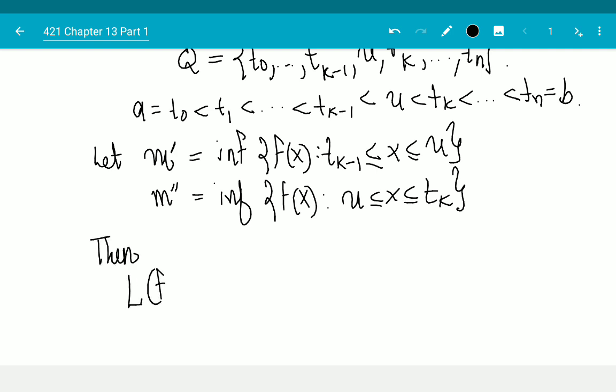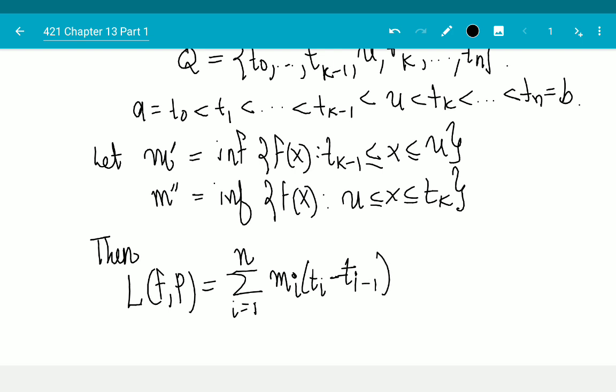L of f comma P is equal to the summation from i equal to 1 to n of small mi times ti minus ti minus 1, right?